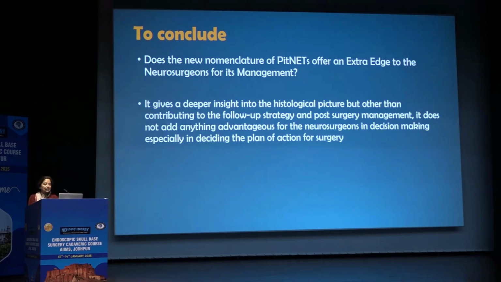So unfortunately, the answer is no. Although this nomenclature, which has evolved after so many debates, gives a deeper insight into the histological picture, for neurosurgeons it only offers something for their follow-up strategy and post-surgery management. It does not add anything in their decision-making, especially when they are deciding the plan of action for surgery.